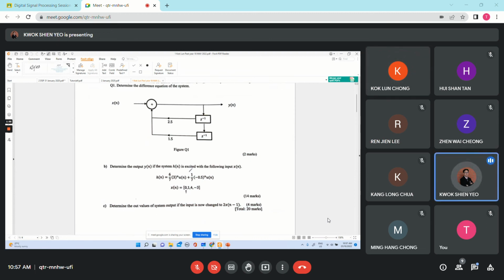Now you know already. Now I know already. How come this one n equals 0, then you get this one, 0, 0? Because for previous past year, you just give the direct number. I'm a little bit surprised.